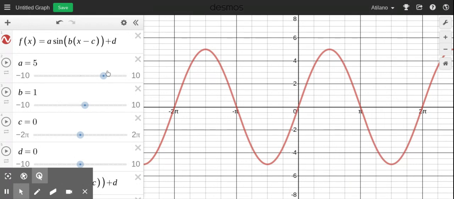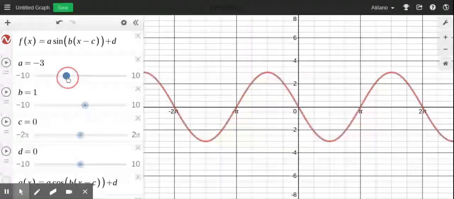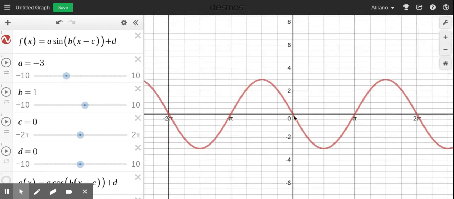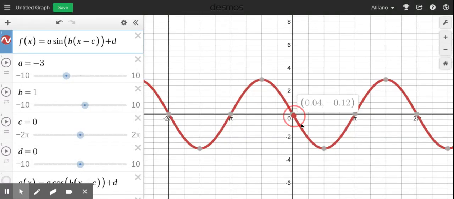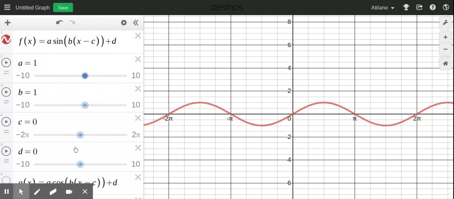You should also note that when you have a negative A value, notice right here in this area that the graph is decreasing instead of increasing. And the D value changes that midline.